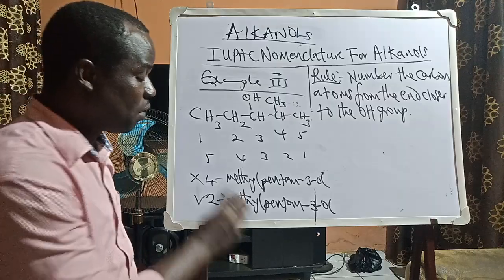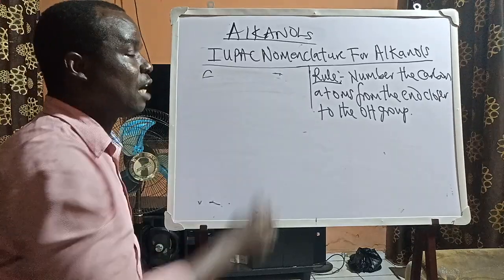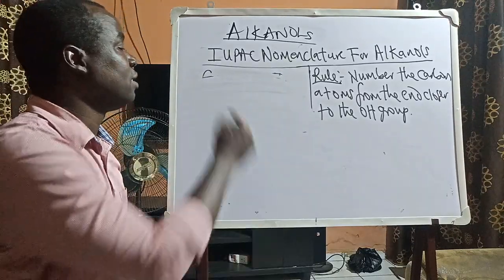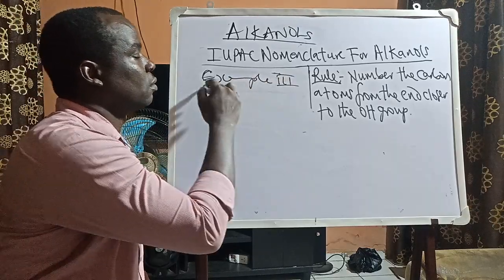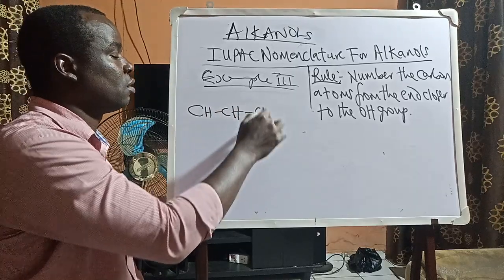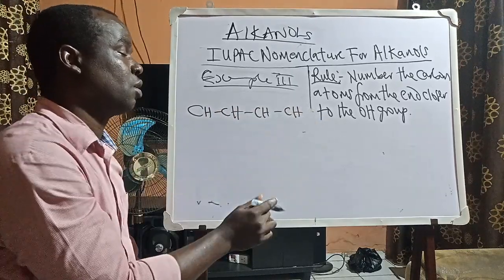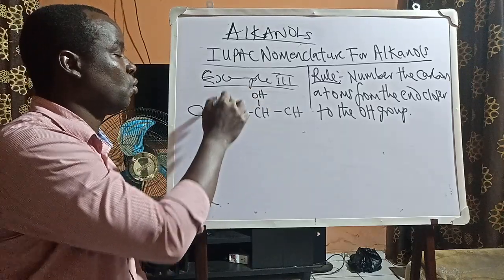Okay, now let's try and finish up this IUPAC. Then let's look at this structure again. Let's look at this structure. CH, CH, CH, CH. Then I have OH here.